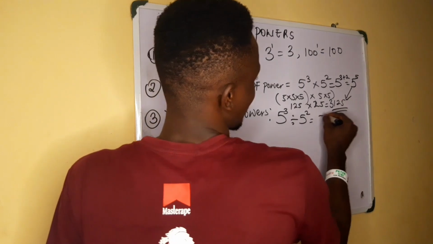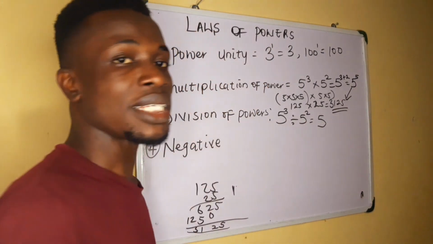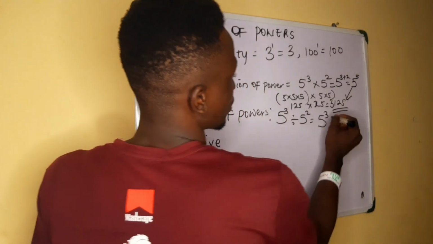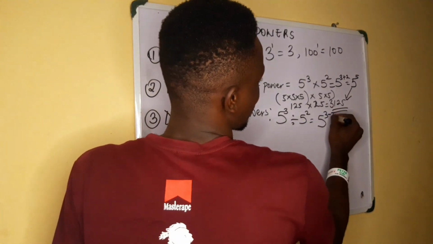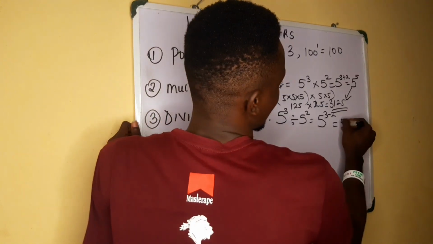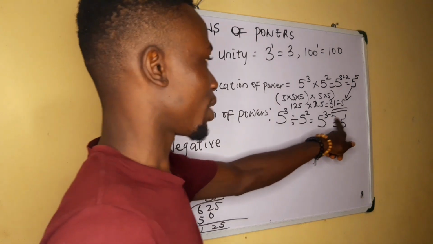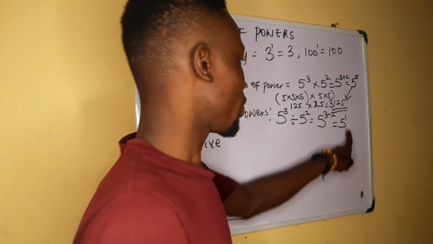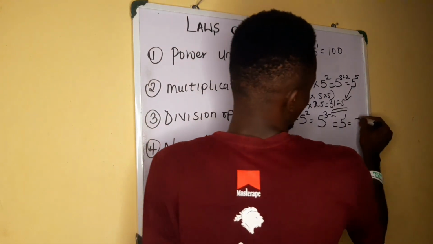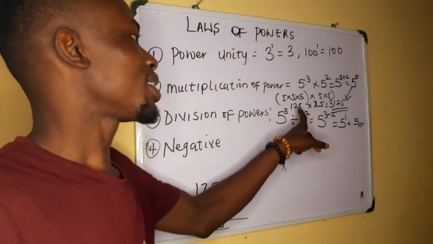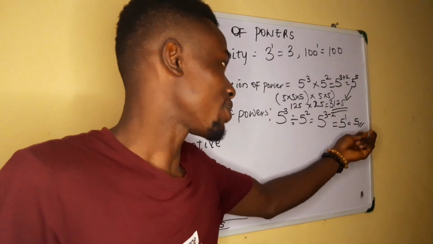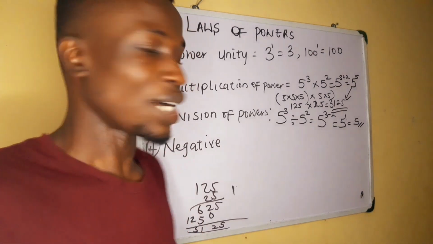So this is going to give me 5, because they are the same base, 5 raised to the power 3 minus 2, which is going to give me 5 raised to the power 1, because 3 minus 2 will give me 1. And remember what I said in unity: any number raised to the power of 1 will give you back that number. Now, if you still use this approach, 125 divided by 25, it will still give you 5. So this is like a shorter way to do it. I hope you follow it.